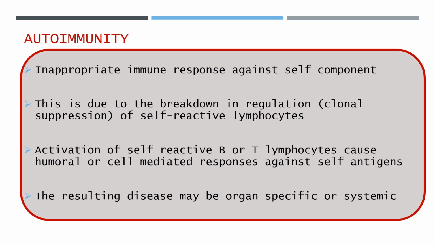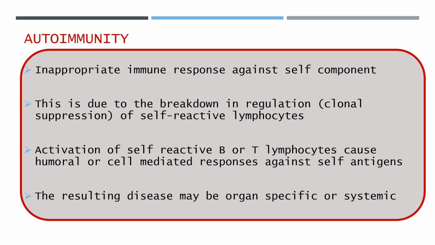Ideally, cells that do not recognize the self component are either destroyed or suppressed so that they cannot affect self components. So there is a well-coordinated regulation of clonal suppression of self-reactive cells.